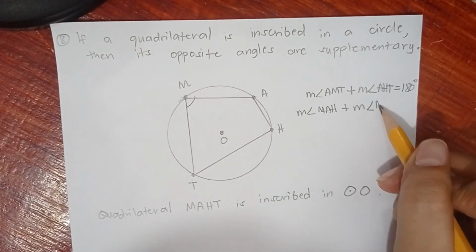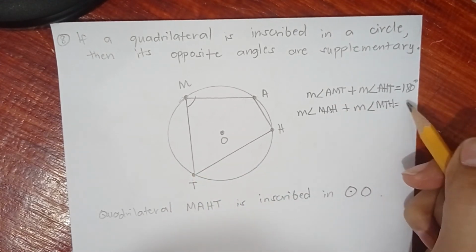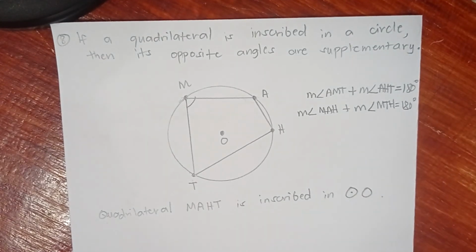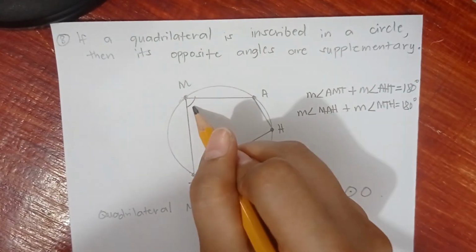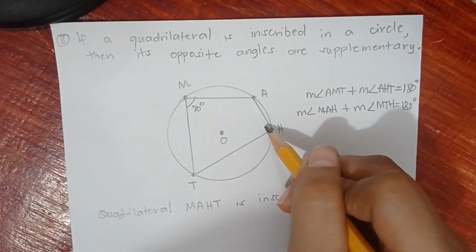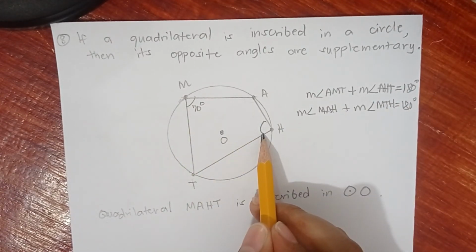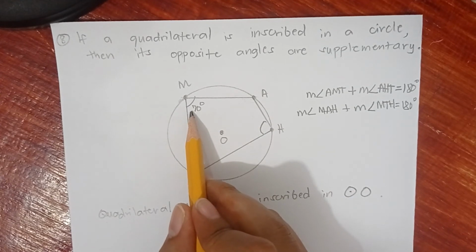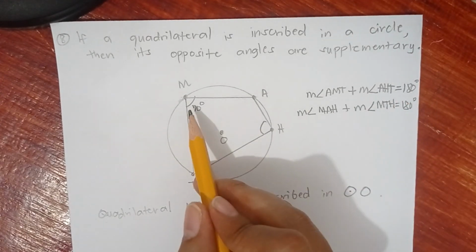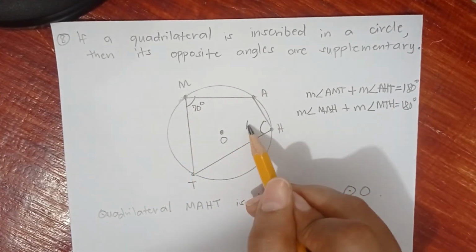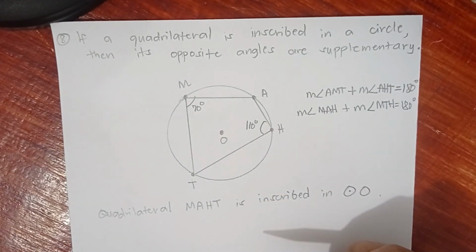Ito, MTH must also be equal to 180 degrees. Kasi nga daw supplementary. So, for example, this is 70 degrees. Ano magiging measurement nito? So, opposite sila, di ba? So, dapat pag pinag-add mo to at ito, 180 degrees. So, dahil given yung isa, ang gagawin mo, 180 minus 70, this will become 110 degrees.